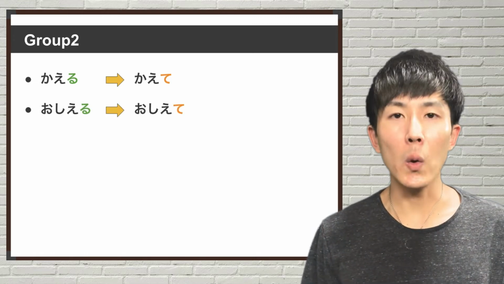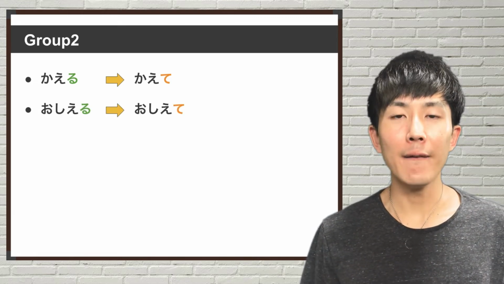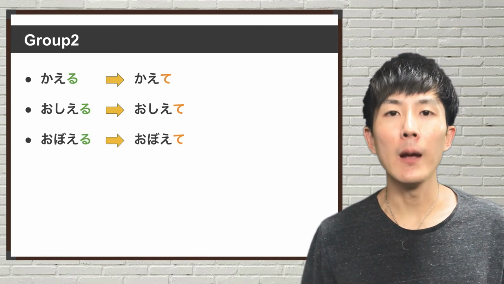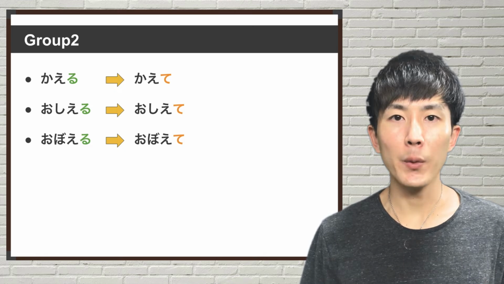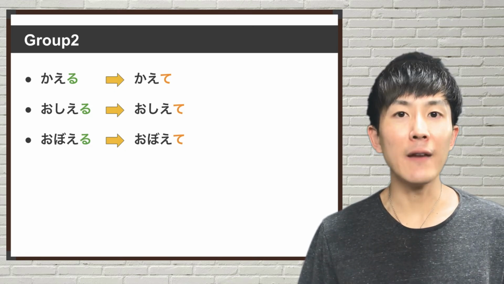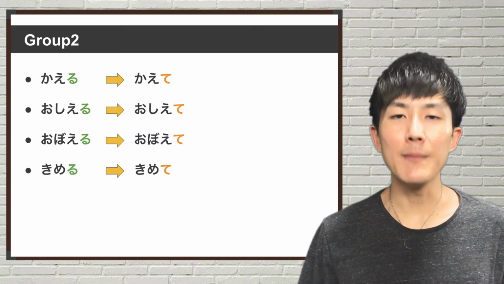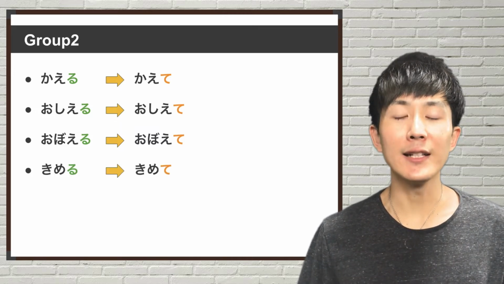教える, which means teach. Then it becomes 教えて. 覚える, which means remember. Then it becomes 覚えて. 決める, which means decide.